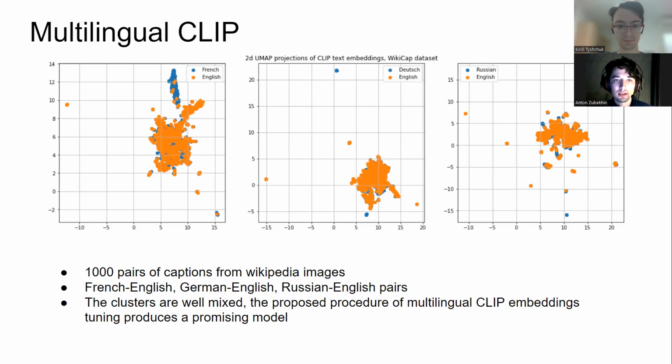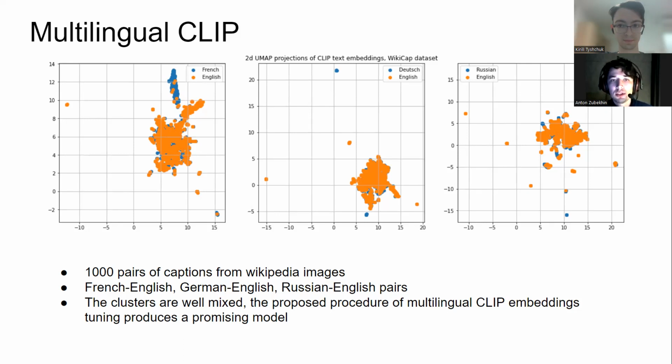So in this case, we can see the general behavior of locality in the data set in high-dimensional embeddings of captions in different languages in our case.